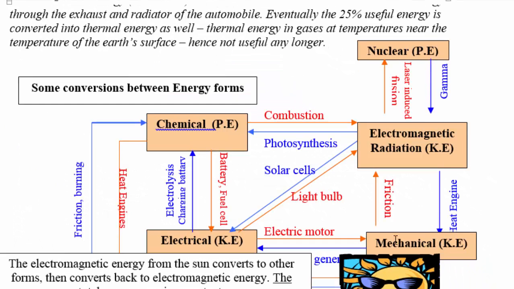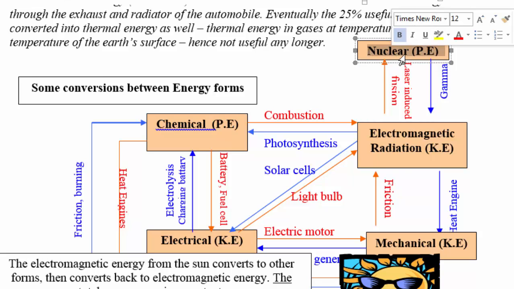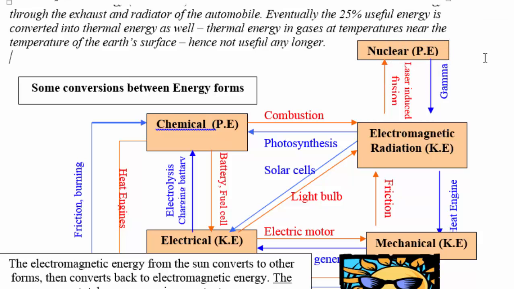This chart here shows you all the types of energy conversion. The source of all the energy on our planet comes from the sun, and the sun, as we learned, has nuclear potential energy due to the fusion of hydrogen forming helium. The nuclear potential energy will convert into electromagnetic radiation. That's the light that comes to us from the sun, and this electromagnetic radiation turns into chemical potential energy during photosynthesis, where plants build their food.